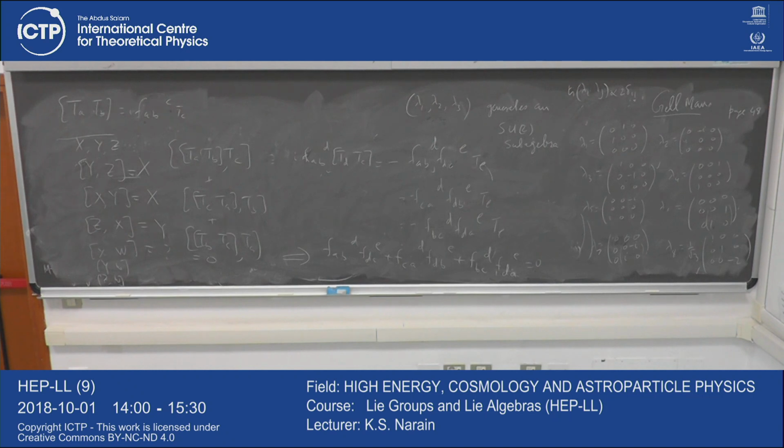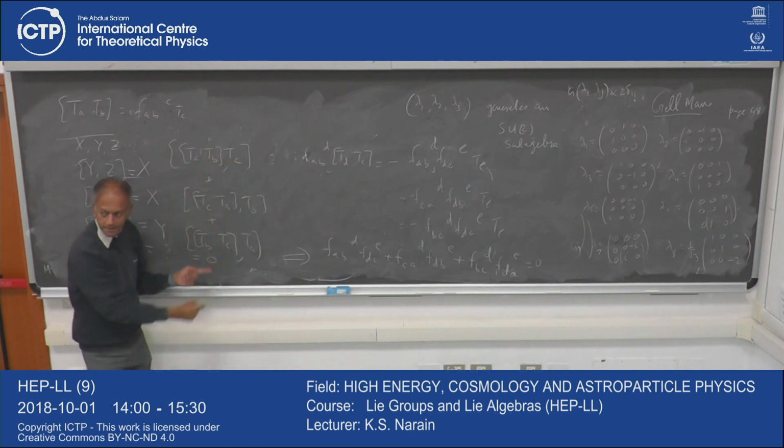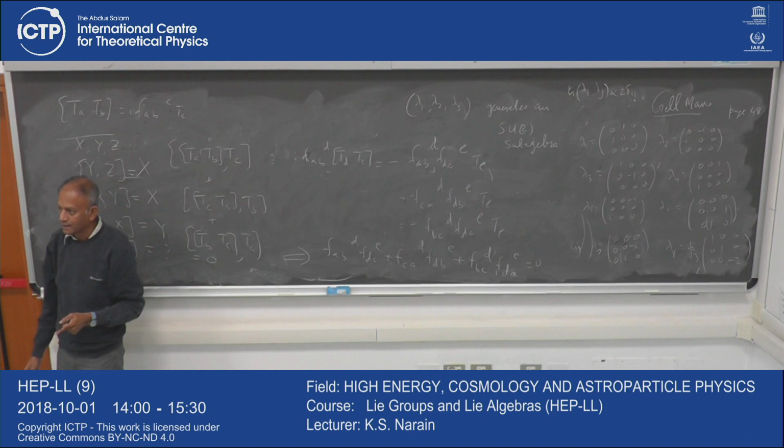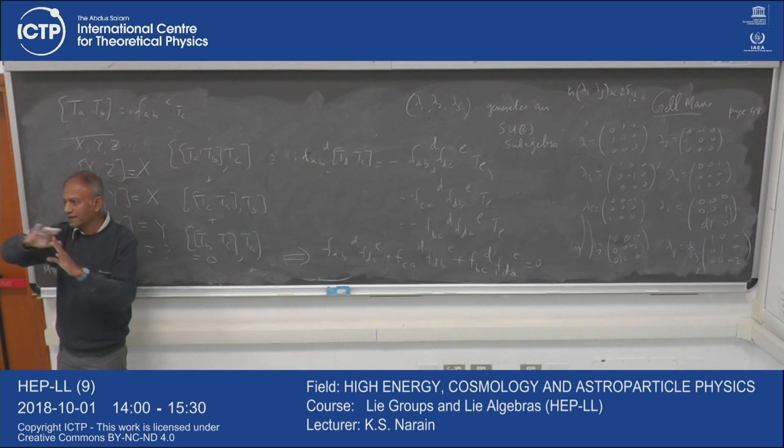Take any three generators; they must satisfy it. No, this is for three, so choose three and then you just do it cyclically. This has to be true for any three, in the entire algebra.